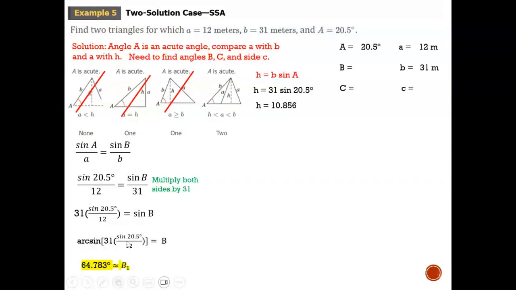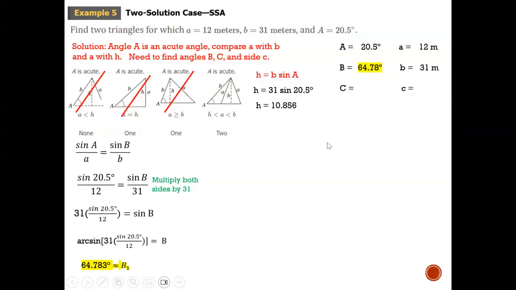I call it B1 because we're going to have two triangles. Because when you have two triangles, the A's are the same, right? And also the side B, but the rest of the info, B, C, and little c, will be different for both triangles. So for triangle number one, we know that B is equal to 64.78.